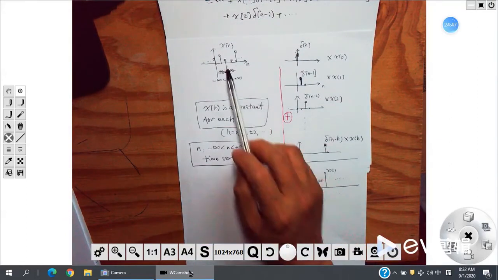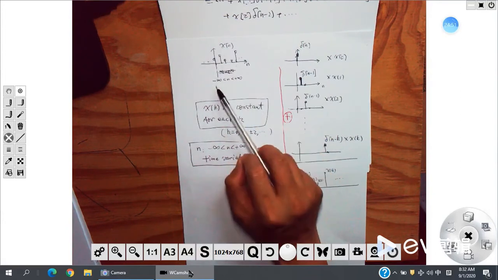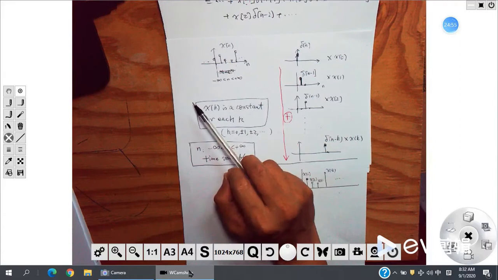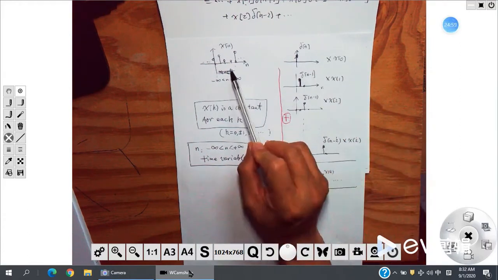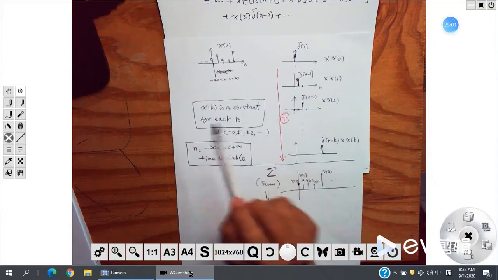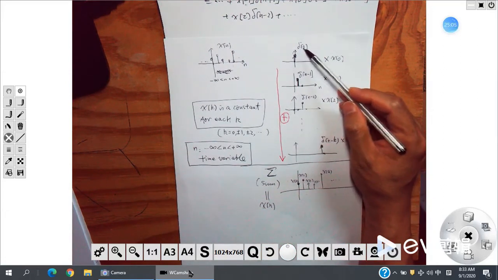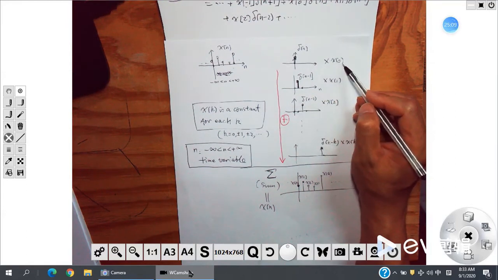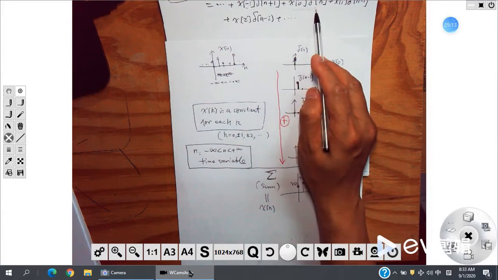Suppose this is x of n, running from negative to positive infinity. We have some values. For each k, x of k is a constant, as I told. Then this is delta of n, and delta of n times x of 0 is this term.